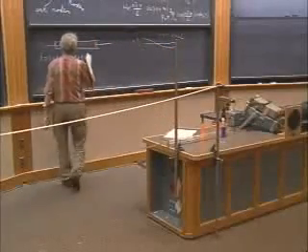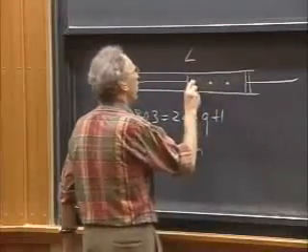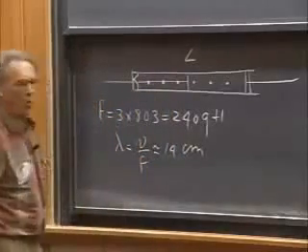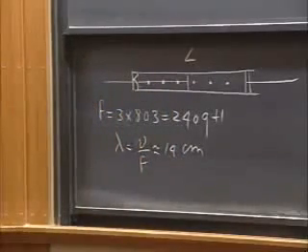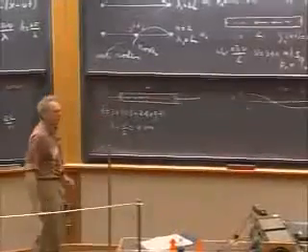I will create in here pressure nodes, which are always half a wavelength apart. Think about why that is. You see here, the nodes are half a wavelength apart. The same will be true for sound.